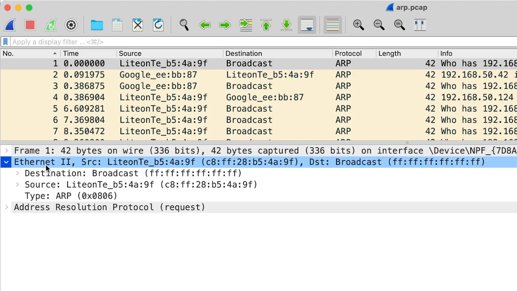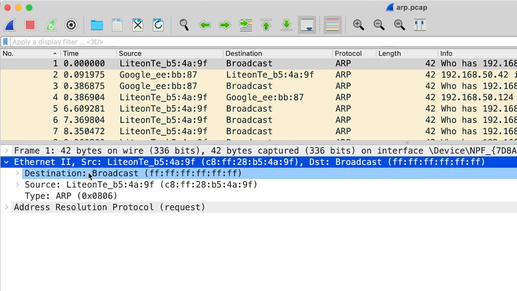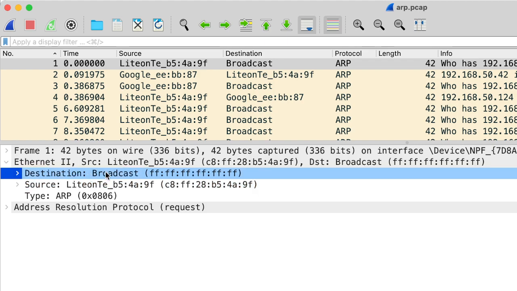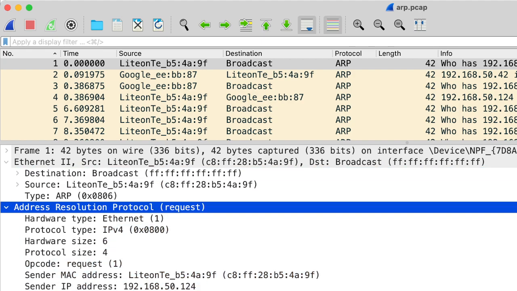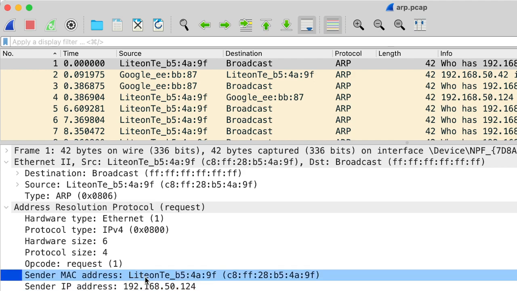It is an Ethernet frame. The Ethernet frame header is very simple. We have a destination MAC address, which is broadcast because it is an ARP request. So basically the ARP request is something like this. That means I am C@FF 28B5 4A9F.